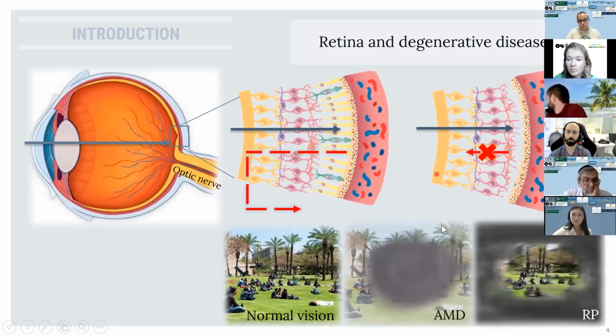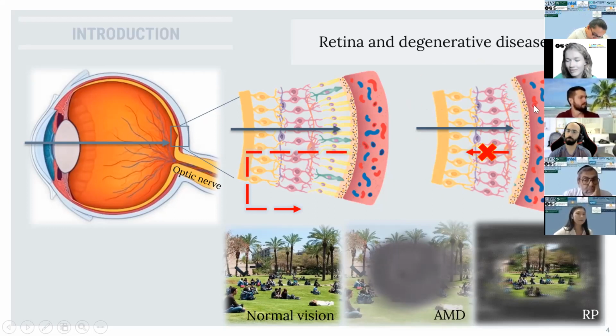And it's really sad because many people around the world suffer from age-related macular degeneration or retinitis pigmentosa, and they lose vision and their life is impaired. So probably one of the only solutions is to create artificial photoreceptors, artificial electrodes that would stimulate these cells.